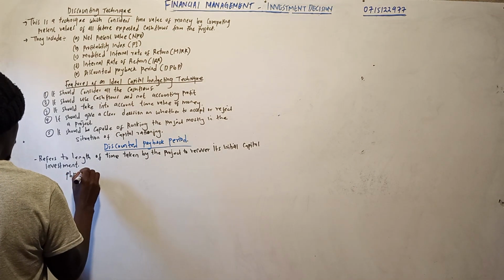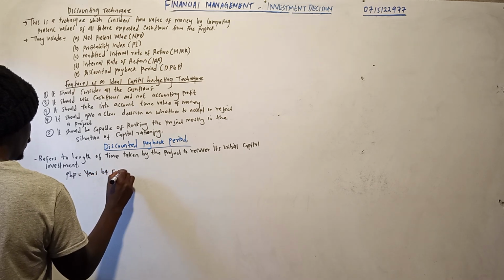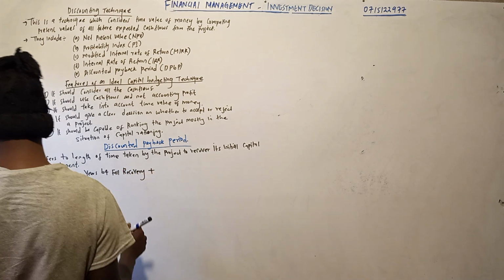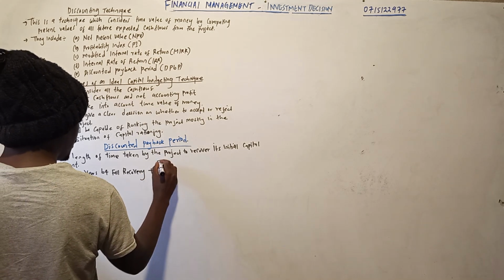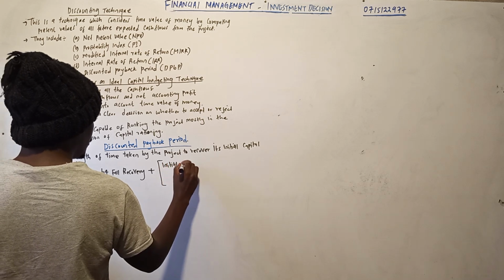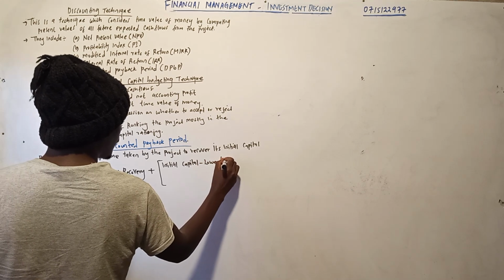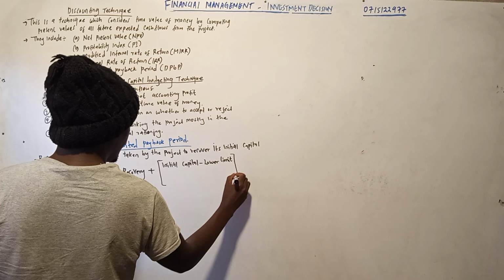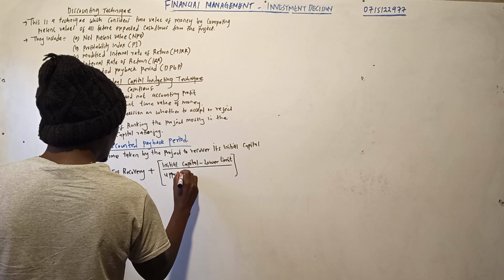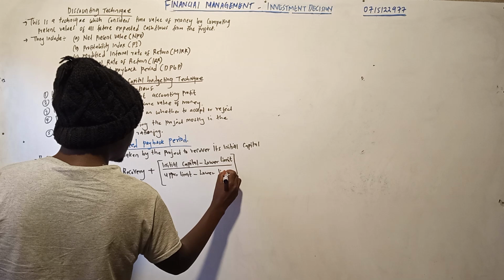Payback period equals years before full recovery plus, you open the bracket, the initial capital minus the lower limit, over upper limit minus lower limit.